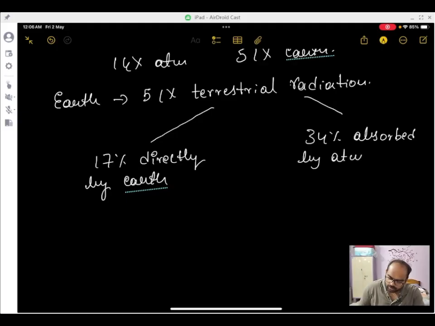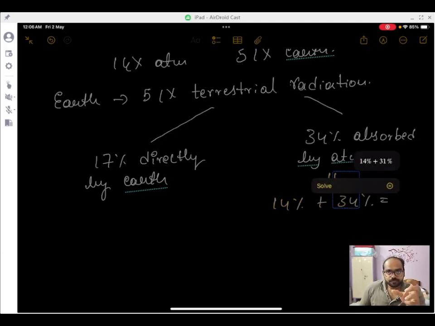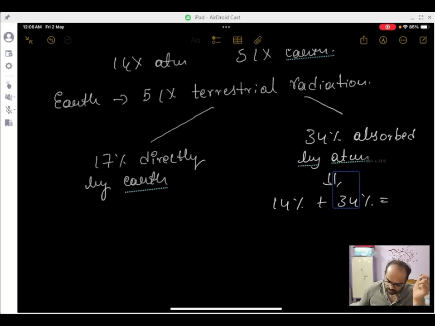So in total, the atmosphere absorbs 14% of insolation and 34% of terrestrial radiation. So total 48%.